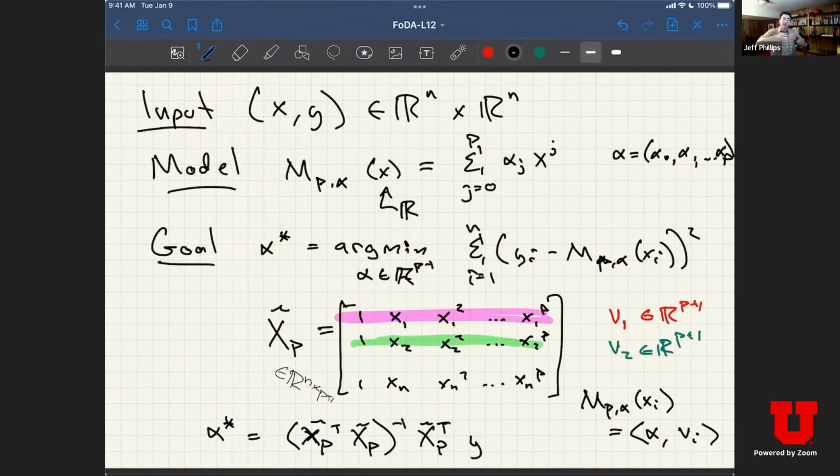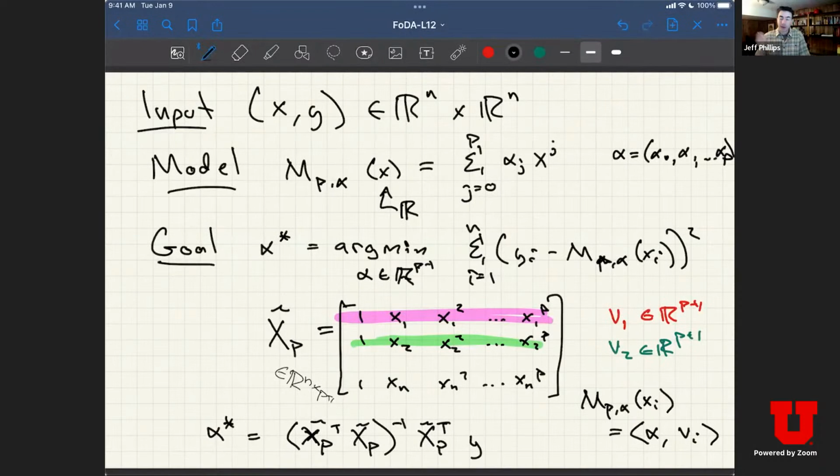Once I've done this lifting, this expansion, this nonlinear transformation, then I solve it the same way as I did with the linear models. And I get exactly the same kind of solution here.